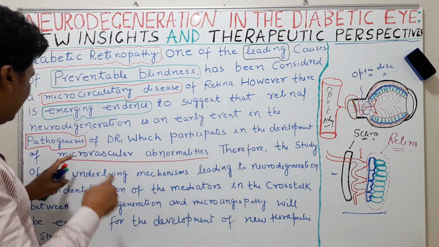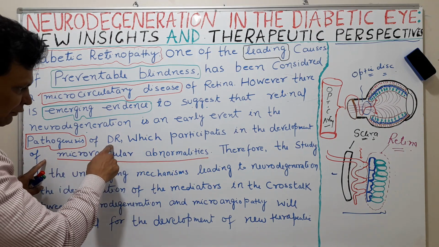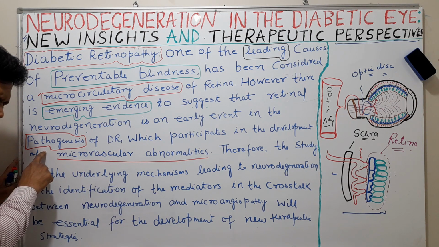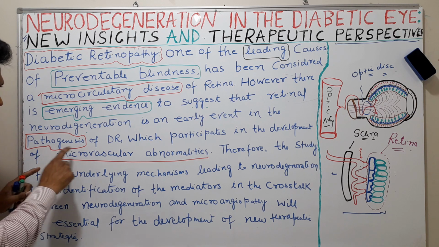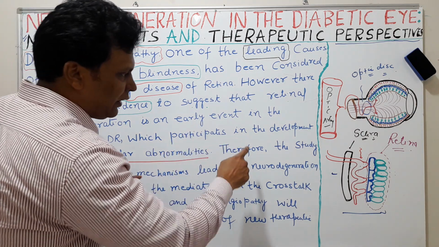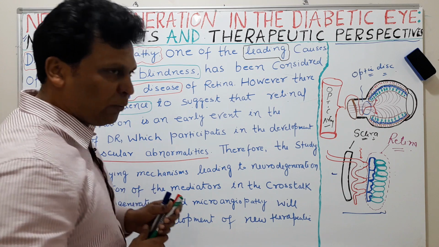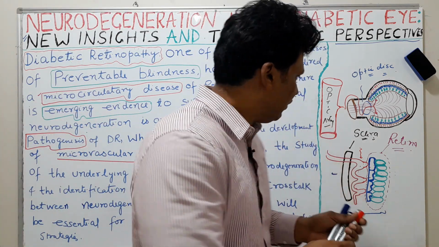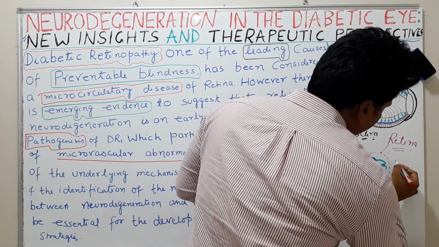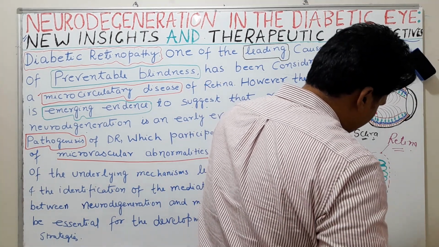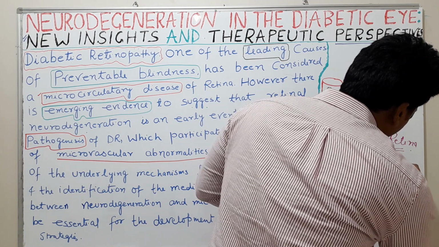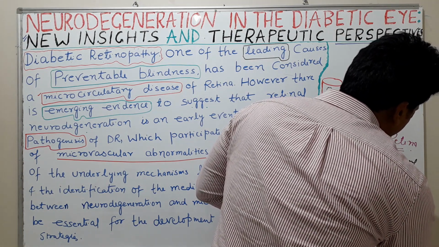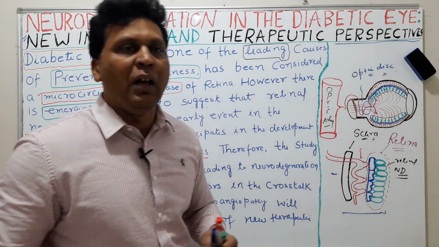And after that, the pathogenesis of diabetic retinopathy, that is, the origination and development of the disease, participates in the development of microvascular abnormalities, talking about the blood vessel issue. So the first problem is retinal neurodegeneration, and then there is a problem with the blood vessels.